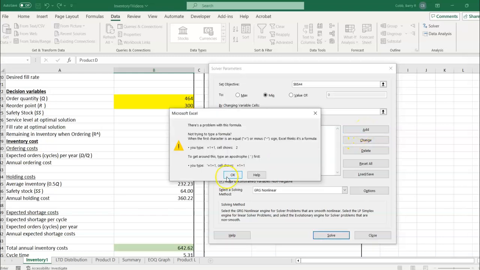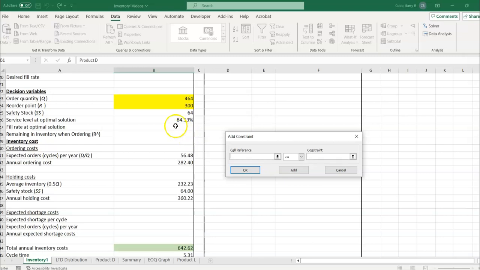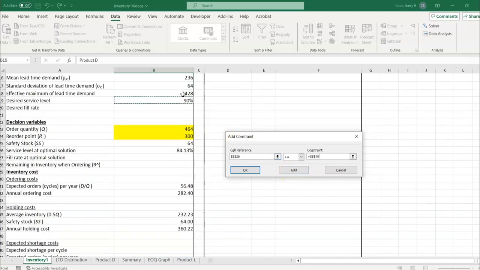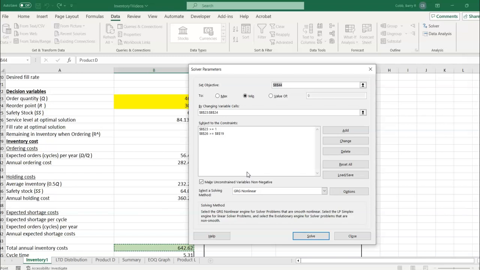So we need to add a constraint. Looks like I've got a mistake on my objective cells. Okay. And we need to add a constraint that the service level is greater than or equal to the targeted service level, which we entered here, and we can change and experiment with that. And so we'll go ahead and click Solve.